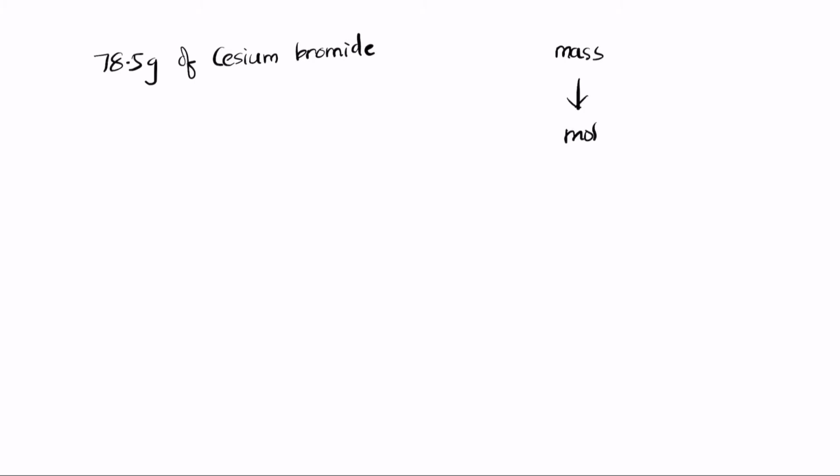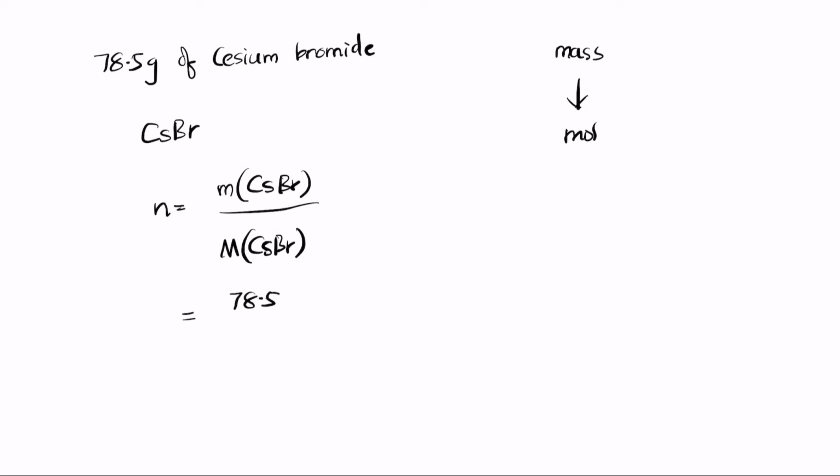Cesium bromide is CsBr. We are finding the number of moles, which is the mass of cesium bromide over the molar mass. The mass of cesium bromide is given, which is 78.5 grams, over the molar mass.